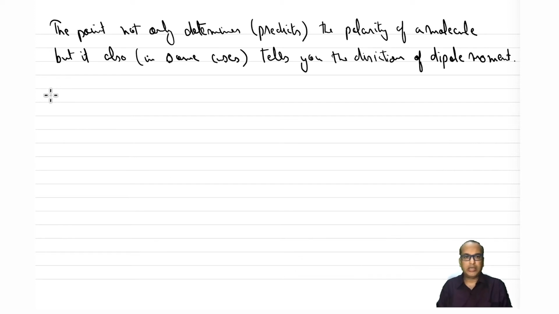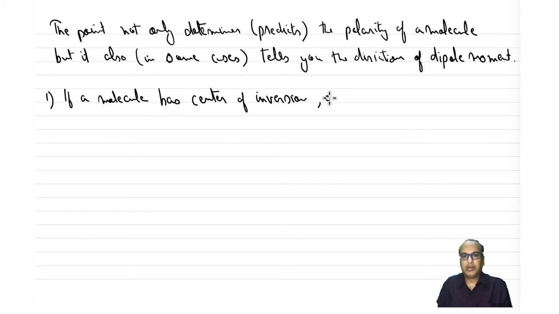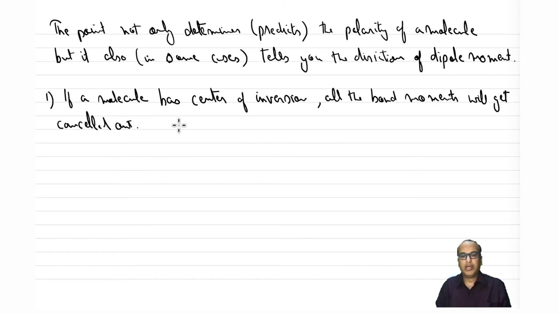So let's look at certain rules. We can say, if a molecule has a center of inversion, all the bond moments will get cancelled out, right? So any point group that has i will not have a dipole moment.